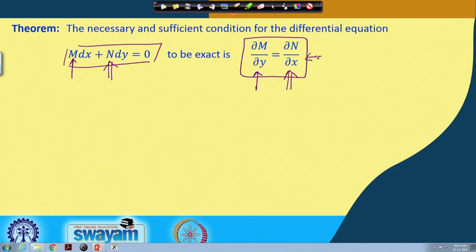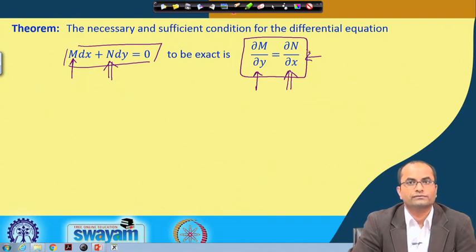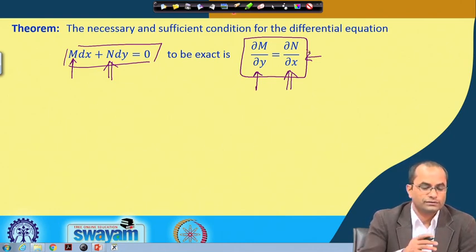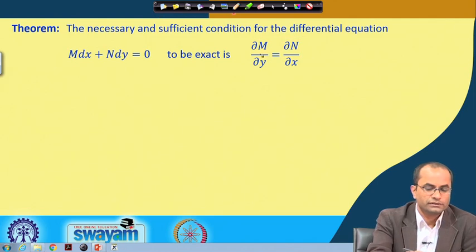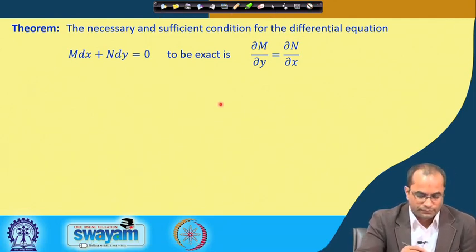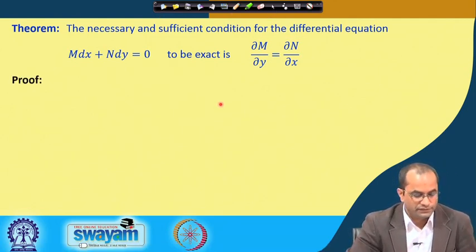So, we have both ways here: this condition is necessary for the exactness of a differential equation, and this condition is also sufficient for exactness of a differential equation. Since this is a very important result, we will also go through the proof of it.